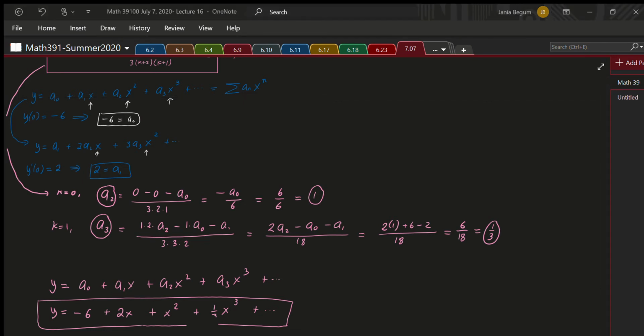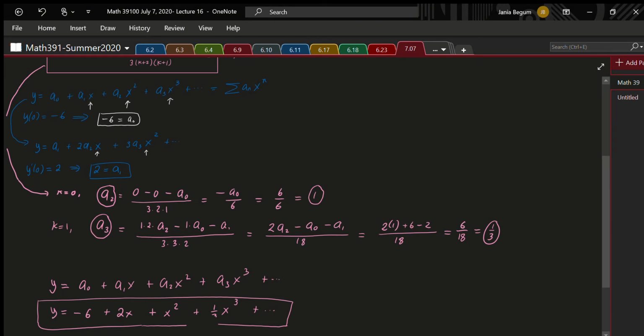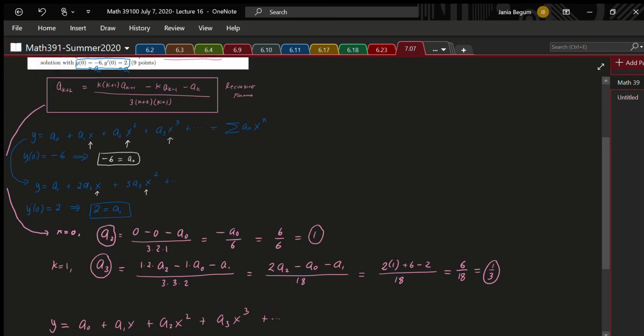Then they don't count. You have to keep going until you find a non-zero term. So we write out the solution a0 plus a1x plus a2x and so on, right? So if, say, a3 happens to be 0, then this would disappear.